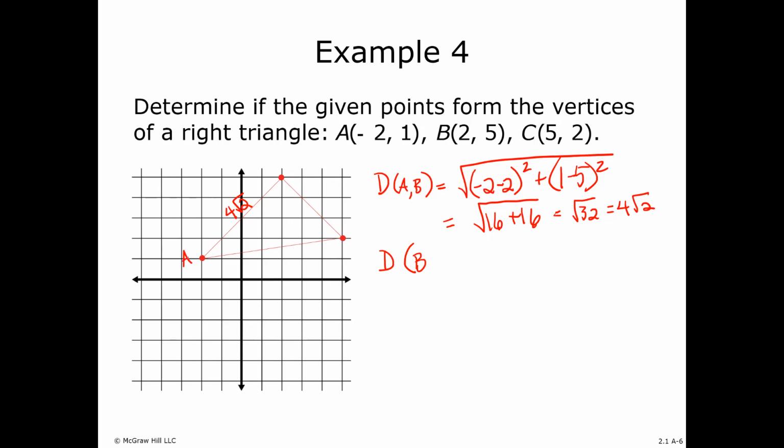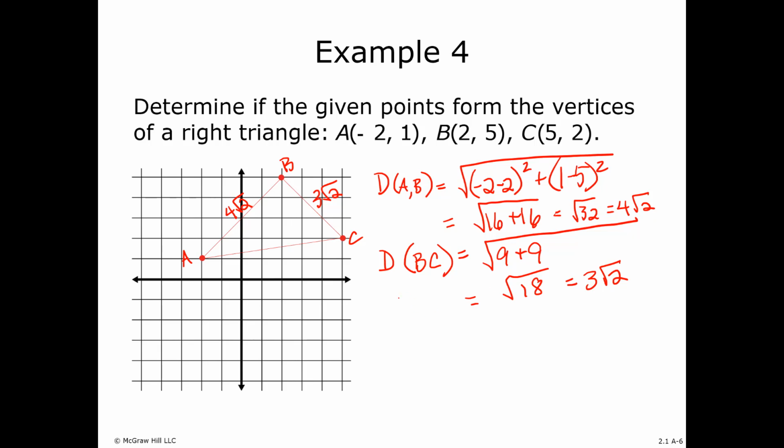So this is A, this is B, and this is C. So the distance from B to C is going to be the square root of 2 minus 5 squared, which is 9, plus 5 minus 2 squared, which is 3 squared, which is 9. So you're going to have the square root of 18, which is equal to 3 times the square root of 2. So B to C is 3 square root of 2.